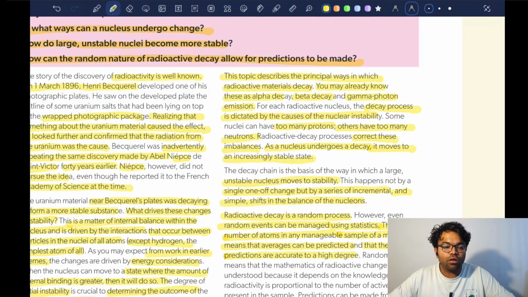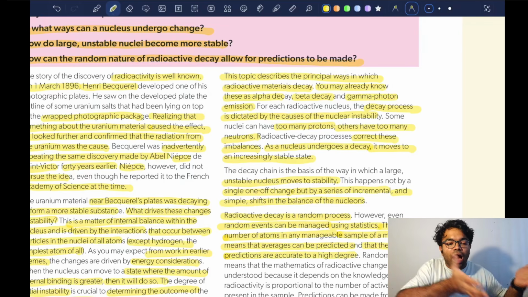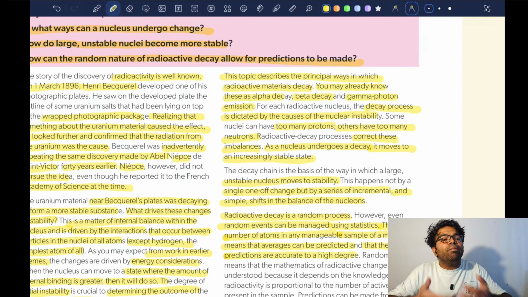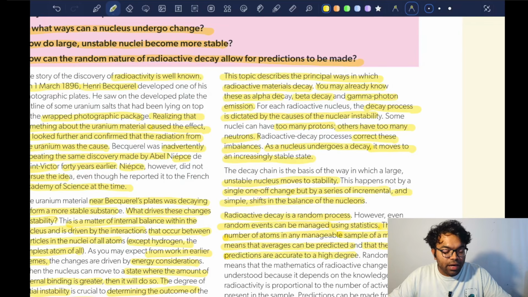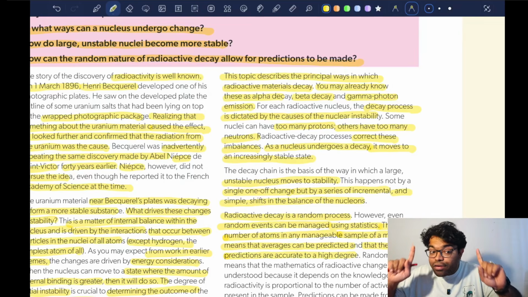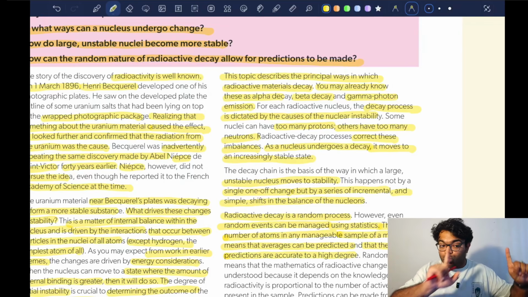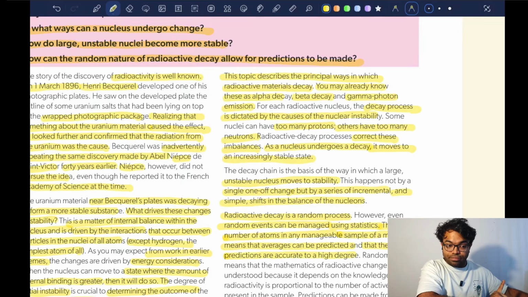But if I ask you to toss the coin 1 million times, then the probability of receiving half heads and half tails will be much closer, right? So basically, that's what they're trying to tell us here. The larger the number of atoms in any manageable sample of a material, the averages that are predicted will also be to a high degree of accuracy.